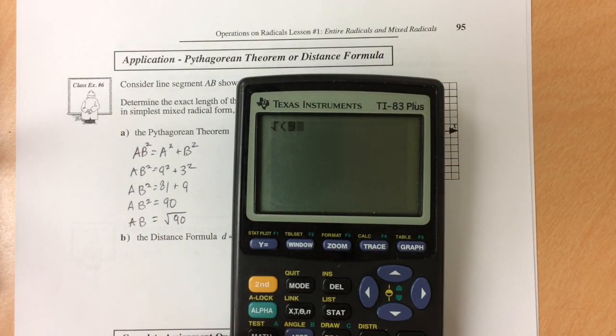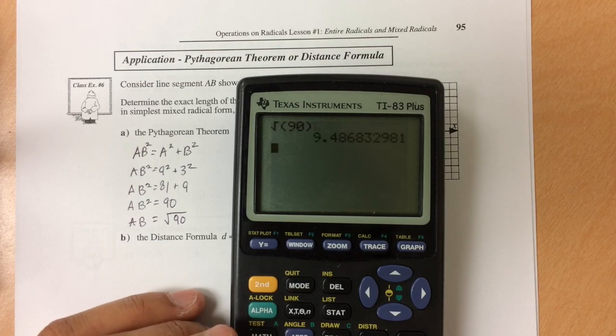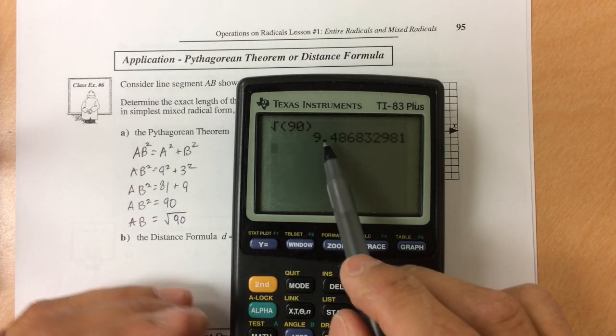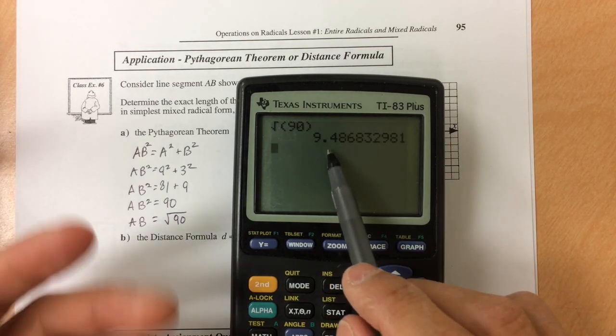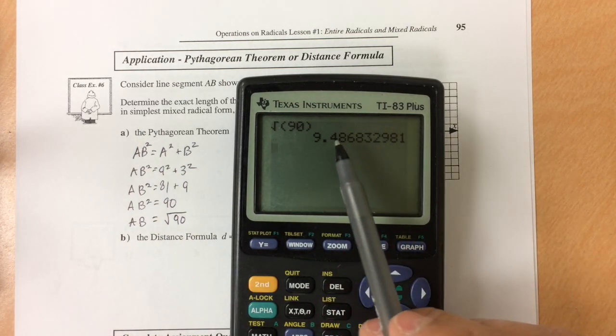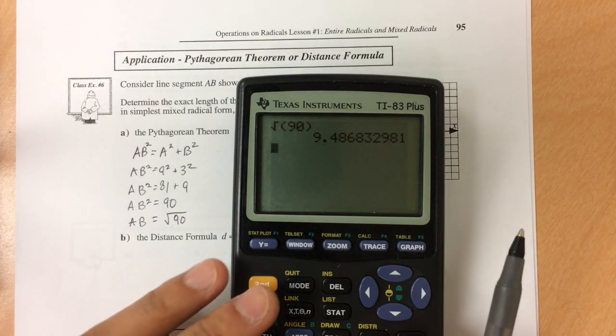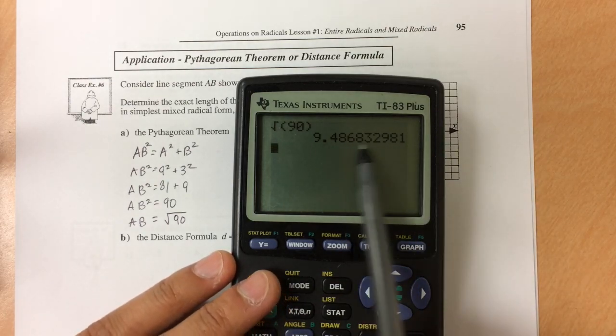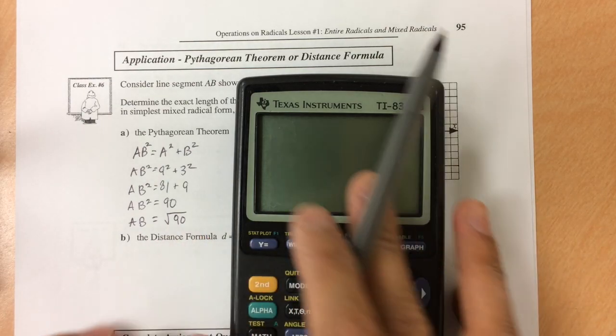If we were just to type it in like this, that's not an exact value, because we're going to have to round our final answer to probably the nearest tenth or hundredth. If I round it, it's not an exact number, because there are decimal places that I'm leaving behind.